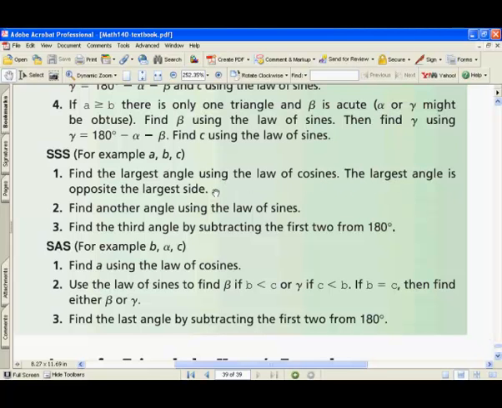The largest angle is opposite the largest side. Then find another angle using the law of sines. So in this case, these other two angles must be acute angles. So you may just need to find the acute solution to the equation sine beta or sine alpha equal to something. Then step 3, find the third angle by subtracting the first two from 180 degrees.